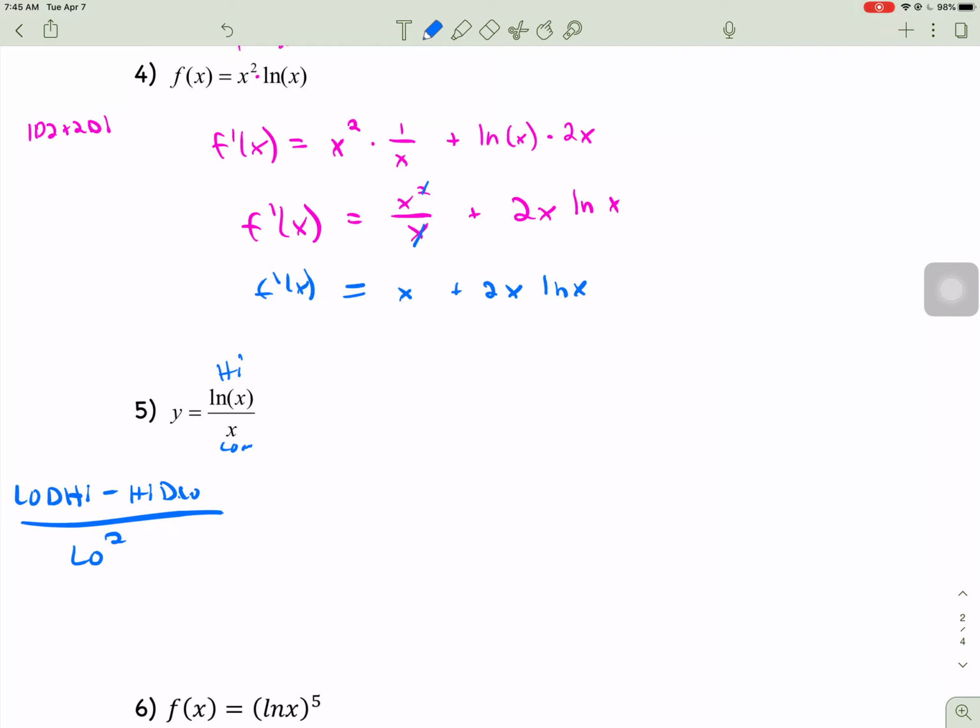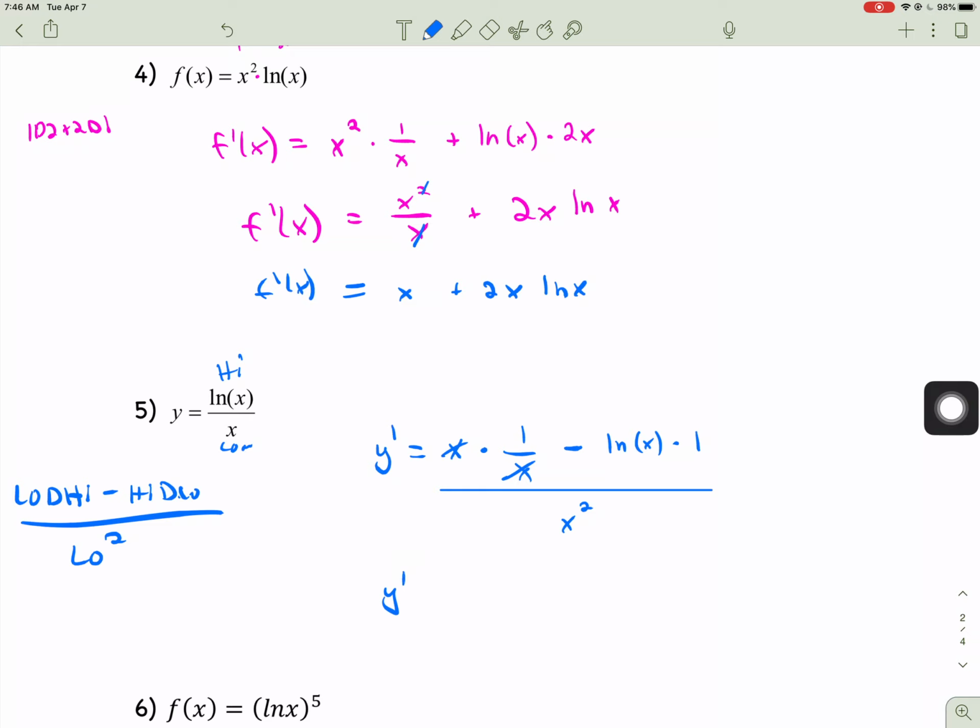So let's do it. y prime, low, times the derivative of the top, which is 1 over x, times the derivative of x, but we don't need to write that because it's 1, minus high, times the derivative of the bottom, which is just 1, over low squared, which is x squared. x times 1 over x simplifies to just 1. 1 minus ln x times 1, which is just ln x, over x squared.